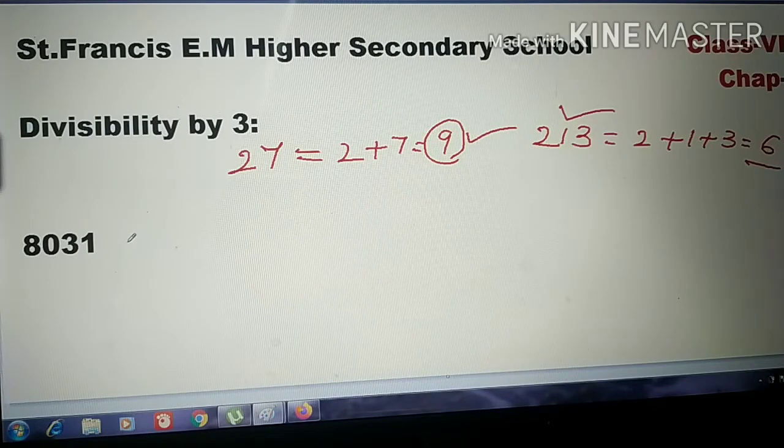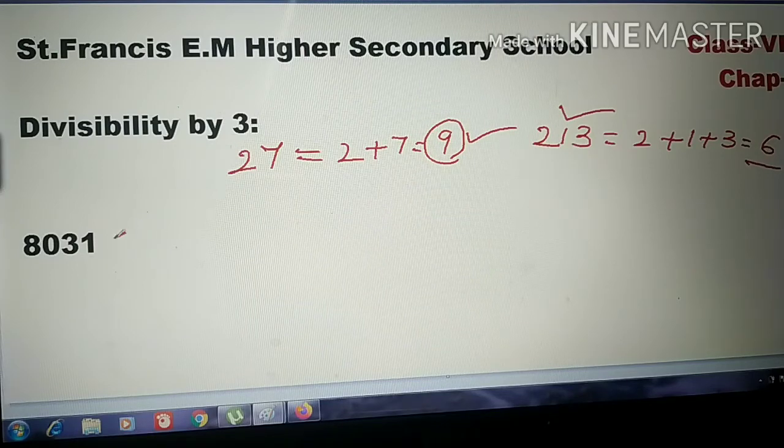Without doing any big division or calculations, simply we can add the digits of the given number. If the sum of the digits is divisible by 3, then the whole number will be divisible by 3.